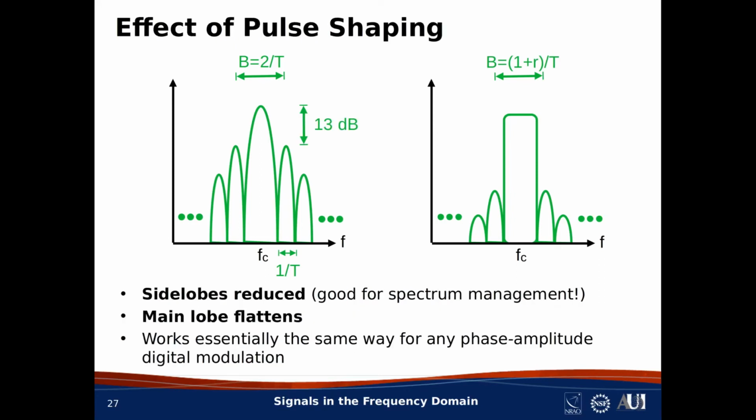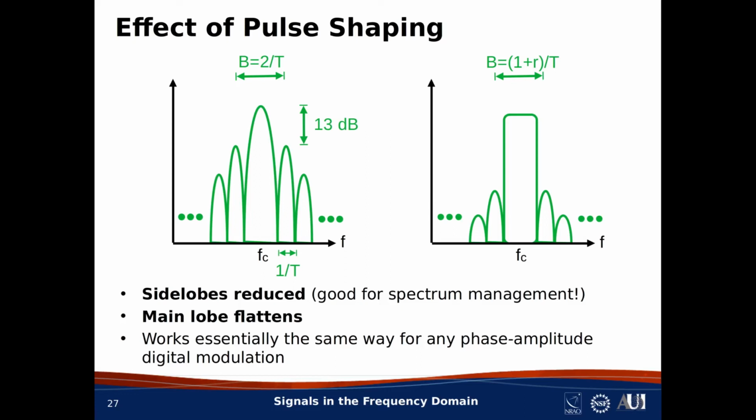Aside from first null bandwidth, note that there are a few other characteristics of the waveform that are affected. First, side lobes go way down. The first side lobe level is reduced from 13 dB to a much smaller number. This is obviously great news if you're interested in trying to pack these signals close together because you have limited spectrum. At the same time, you also see that the main lobe becomes flatter.